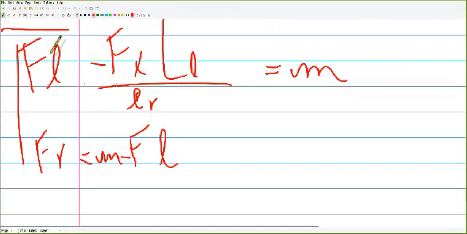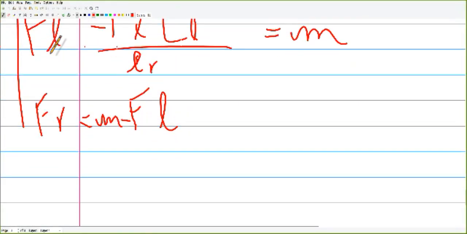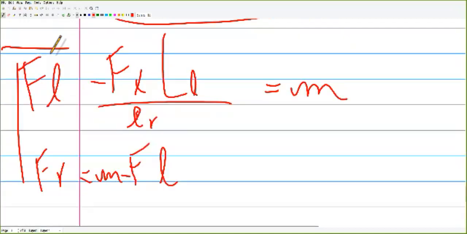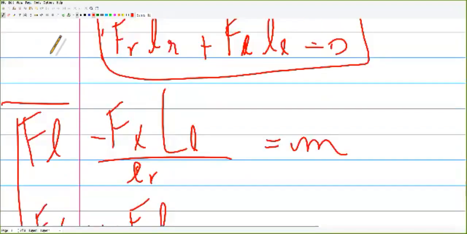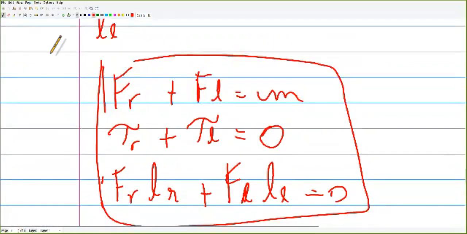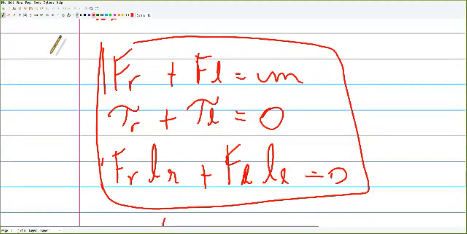Let's try that. F of L, the force in the left. Oh, that's what we're trying to know. Force to the left. Right.